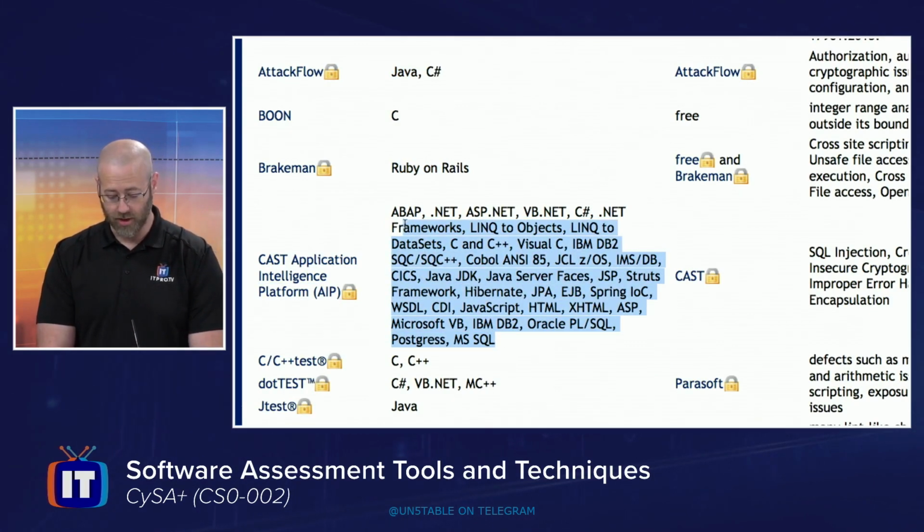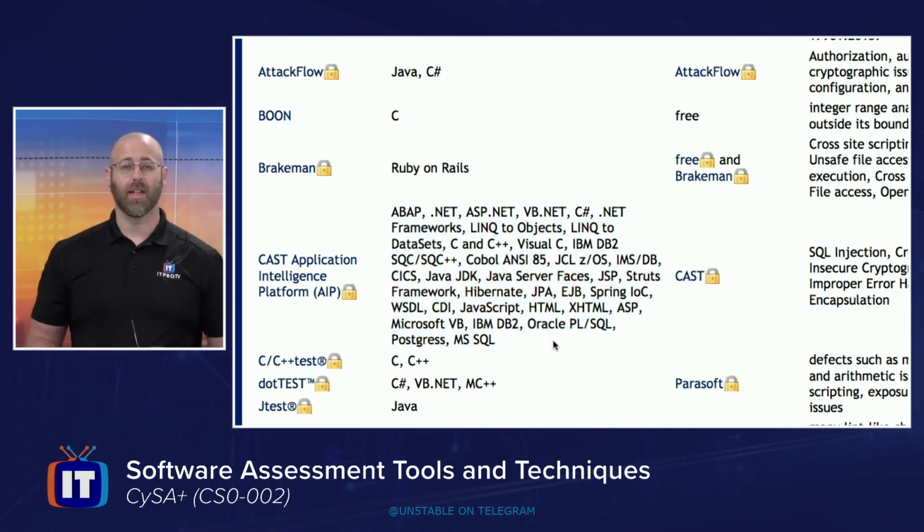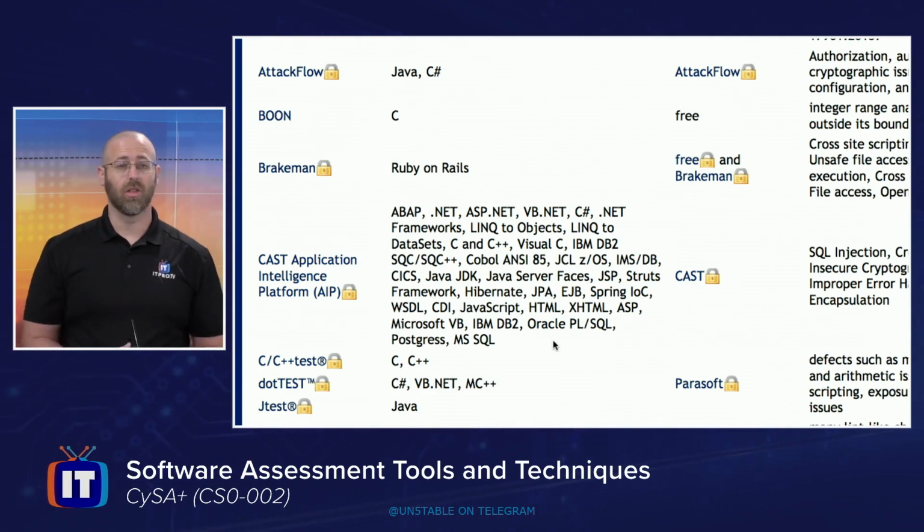That is just a list of different programs that it can analyze and look for issues that could then become vulnerabilities and then exploitation. So depending on your environment, you're going to look through these, find the software analyzers that will work for you and the technologies that you employ, and then find the one that works best for you and your team.